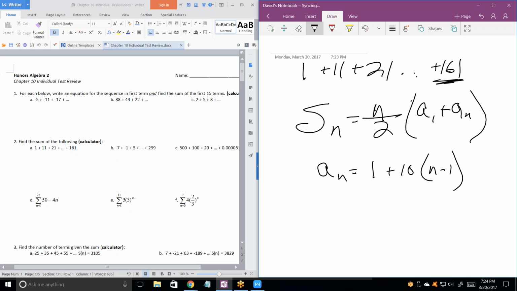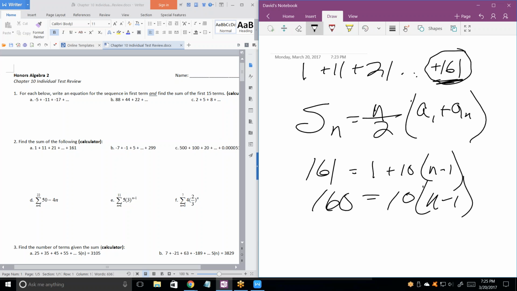And so if I let the nth term be 161, in other words, I don't know what it is, but I can tell that it's 161, I'm going to make that the nth term, and I'll be able to solve for n. And solving this algebraic equation, you get 160 equals 10 times n minus 1. So n minus 1 equals 16, n equals 17. So there are 17 terms.